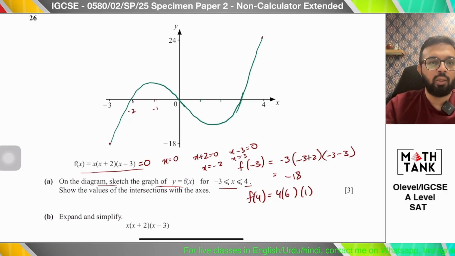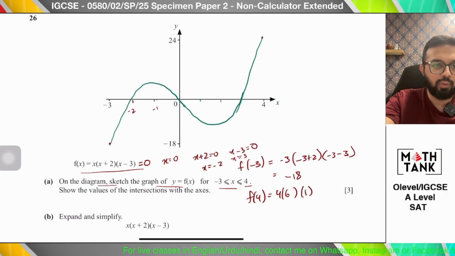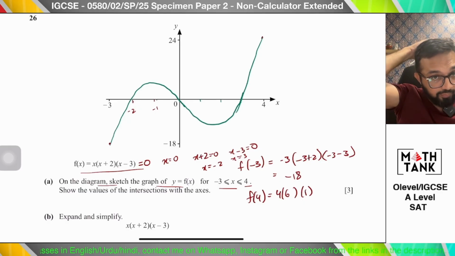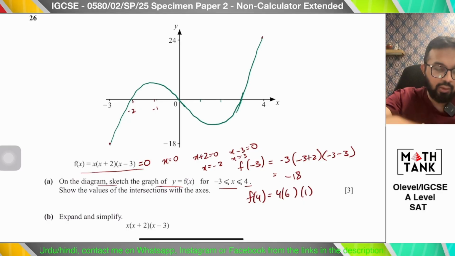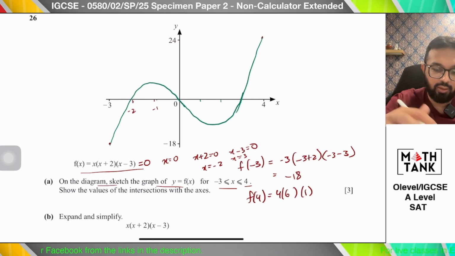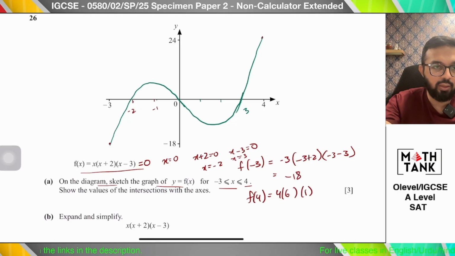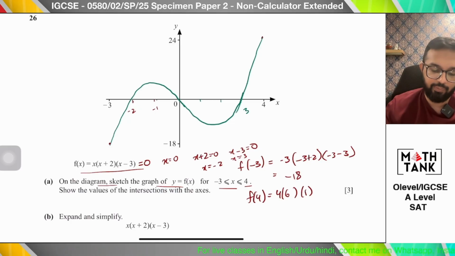Okay, that is what the approximate graph should look like. Correct sketch and -2, 0, 3 indicated on the x-axis. That's what I've indicated without going beyond intersections with the x-axis. Yeah, I think I get full marks for this one.